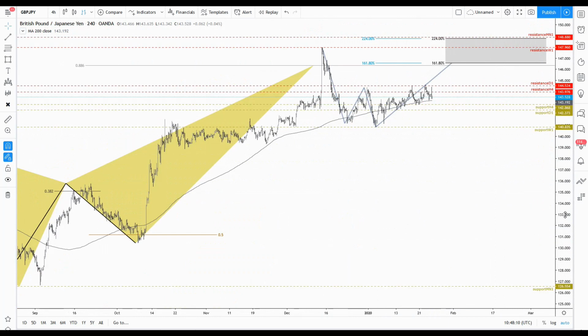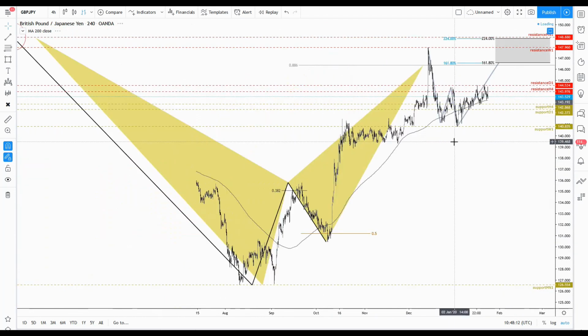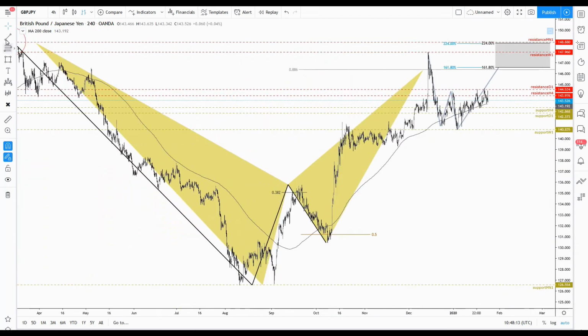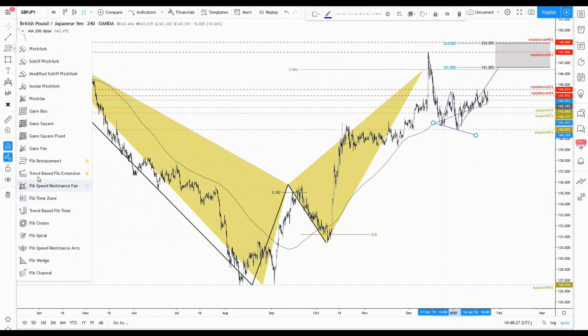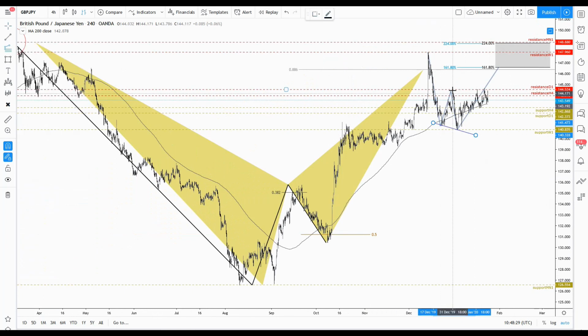So that being said, if that happens, and based on the same criteria that I shared with you before, a false breakout will imply an extension. Obviously, if broken above this previous structure resistance, it implies an extension above that resistance zone.